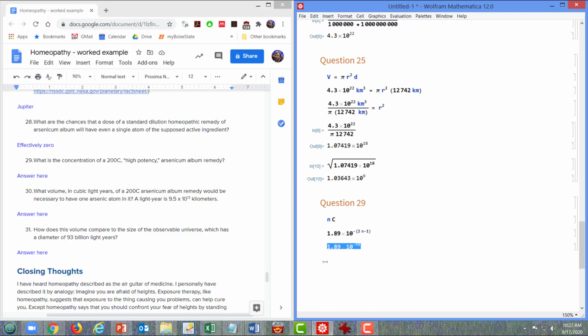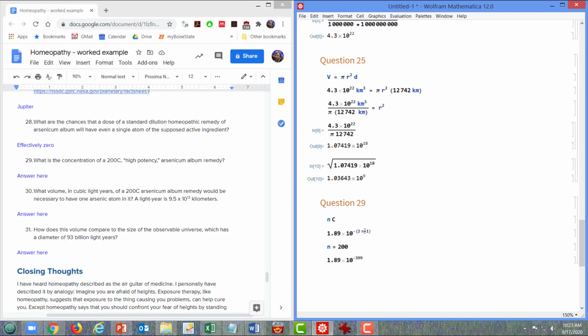So we now have n equals 200. So our concentration is going to be times 10 to the negative 399.